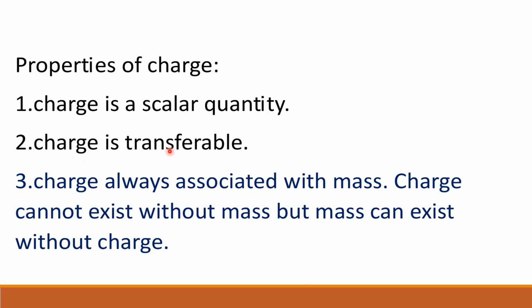Now that can be made either positively charged or negatively charged. And the third important point: charge is always associated with mass. That means charge cannot exist without mass, but mass can exist without charge. This is one important point we have to keep in mind.